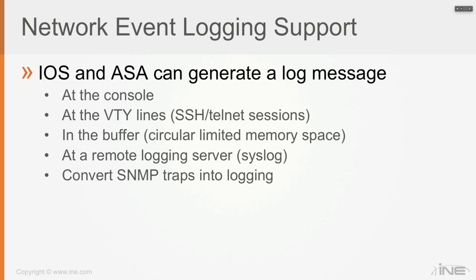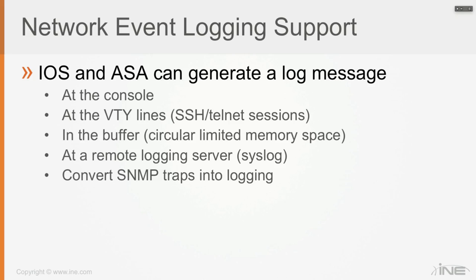That one message can be replicated to multiple destinations. The IOS or the ASA can present that message at the console, at the VTY lines, which means for SSH or Telnet sessions, and in the buffer, which is a circular, limited memory space.